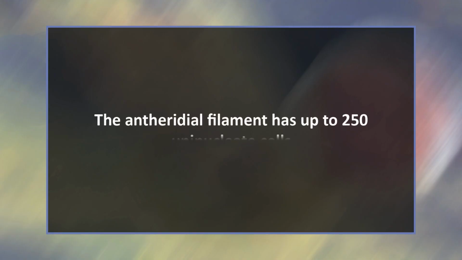Sometimes the secondary capitulum cell divides to make tertiary capitulum cells. Each capitulum cell divides repeatedly to form 2 to 4 long, multicellular branched or unbranched antheridial filaments or spermatogenous filaments. The antheridial filament has up to 250 uninucleate cells.